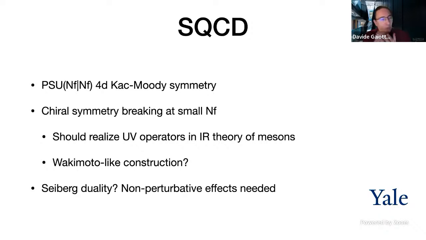The original target of our project was actually to find the manifestation of something called Seiberg duality. Seiberg duality is the statement that gauge theories with different gauge groups can actually look the same in the infrared. It's the first clear demonstration of the fact that the gauge symmetry is not an intrinsic property of a theory.